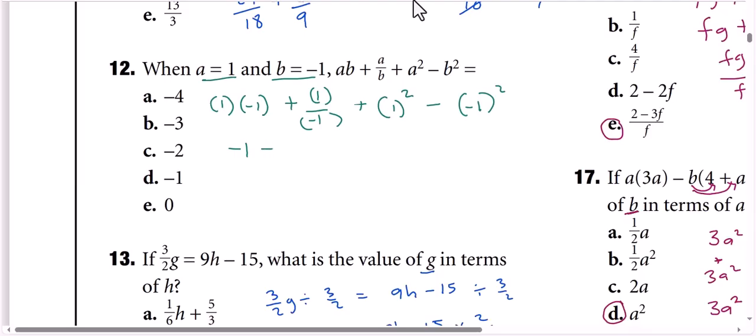Then plus 1 squared is still 1, then -1 squared is +1, but with this negative again it still becomes -1. So I want to combine all the negative terms, -1 -1 -1 plus 1. So this is -3 plus 1. -3 plus 1 is -2, and that's option C.